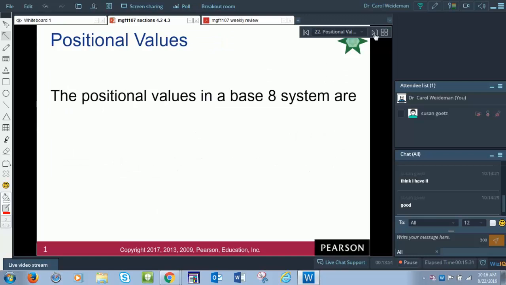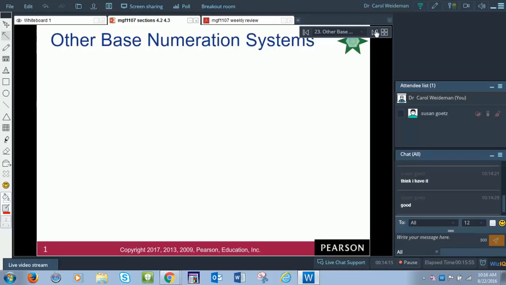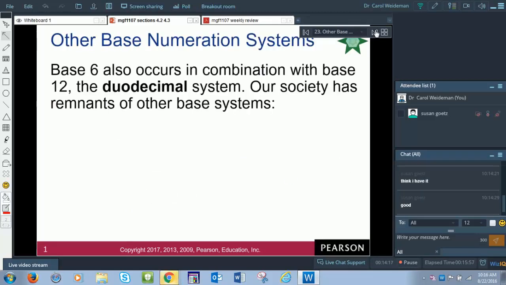For instance, base 8: 1, 8, 8 squared, which would be 64, 8 cubed, which is 512, etc. We could do base 2: 1, 2, 2 squared, 2 cubed, 2 to the 4th. A nice pattern.